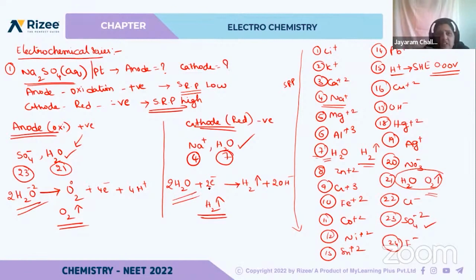That is based on this series. Remember one thing: whenever water undergoes oxidation, it gives oxygen. Whenever water undergoes reduction, it gives hydrogen gas. This is one of the examples we can say.